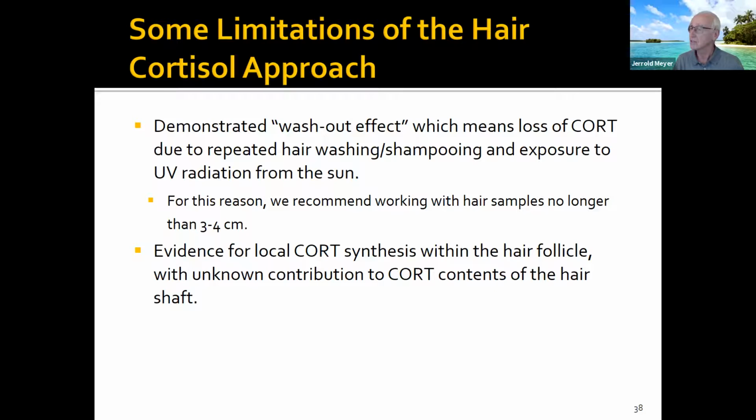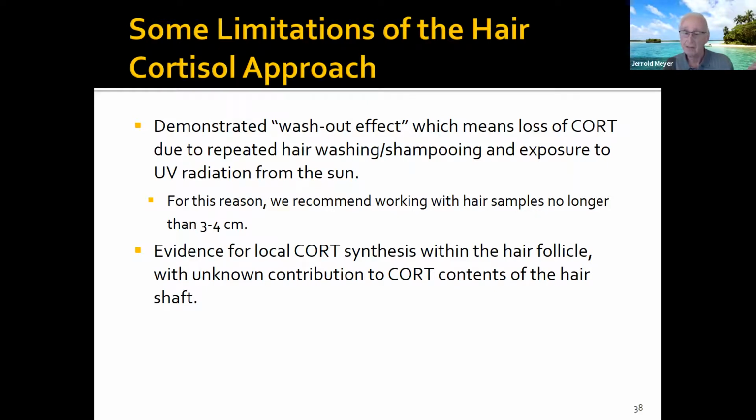The issue is that there's quite decent evidence that within the hair follicle, again, this is the organ that's making the hair shaft that you're measuring cortisol in, there's local cortisol synthesis, meaning that this can be a source of cortisol that's in that hair that you're measuring.